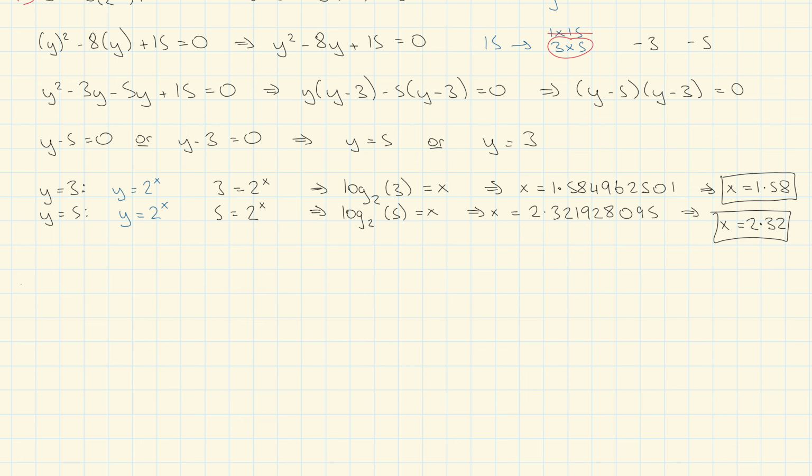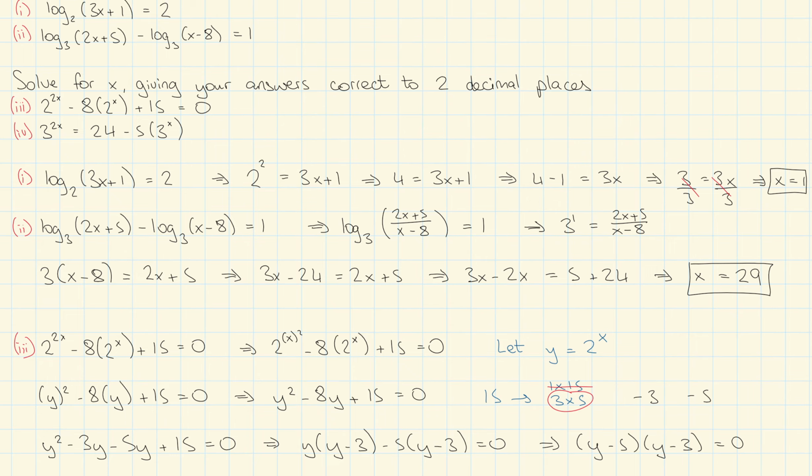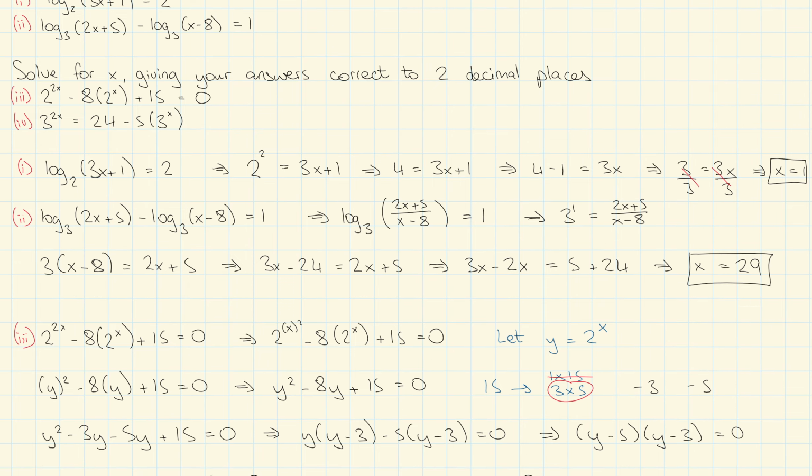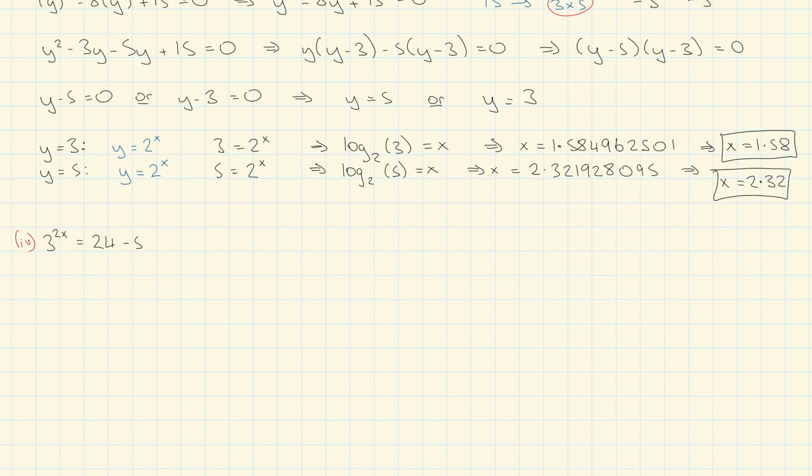And now in part 4 we were dealing with 3 to the power of 2x is equal to 24 minus 5 times 3 to the power of x.